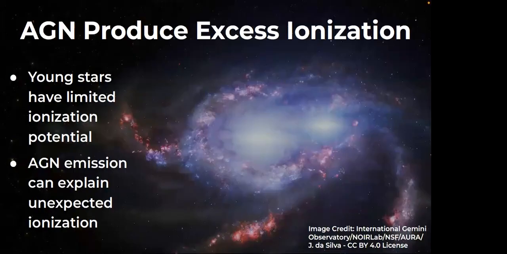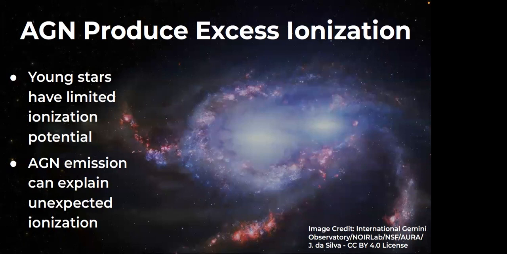Now, when we do this, sometimes we find a level of ionization that's not possible to be generated simply by stars. That means there's some other source of high energy radiation. And in many galaxies, this source of radiation is an active galactic nucleus, or AGN. At the center of every galaxy is a supermassive black hole, which can be billions of times the mass of the sun.